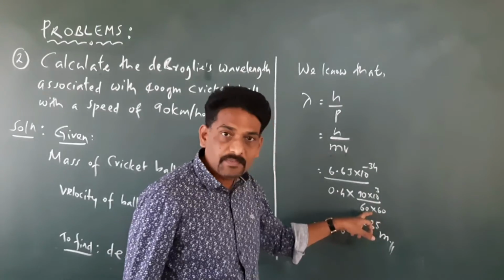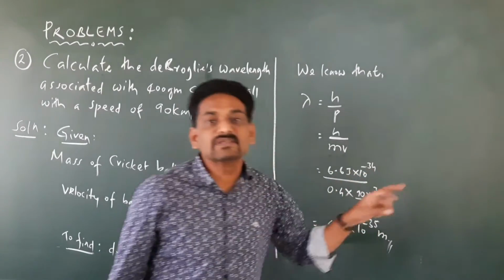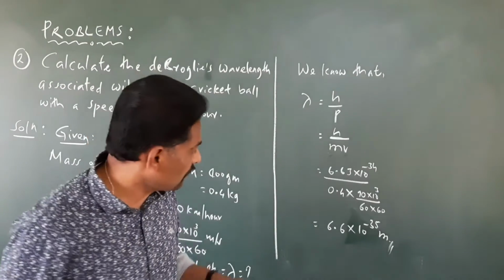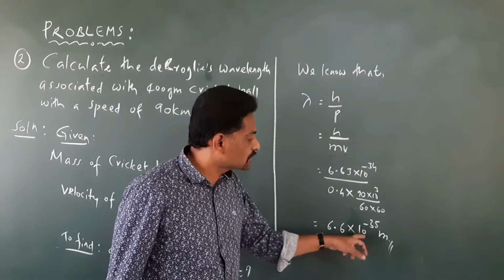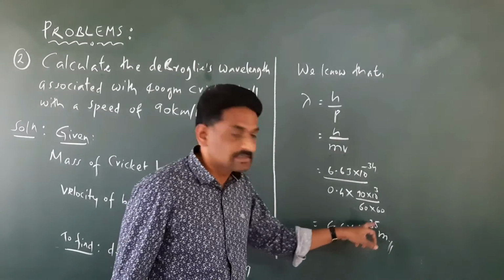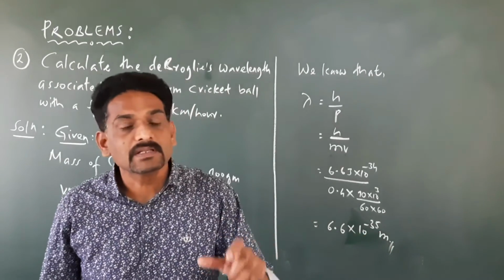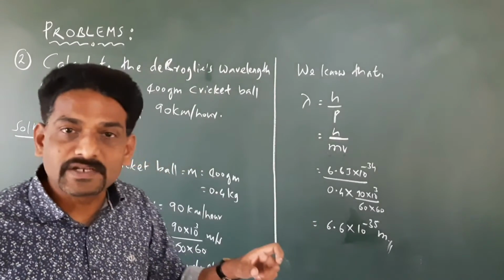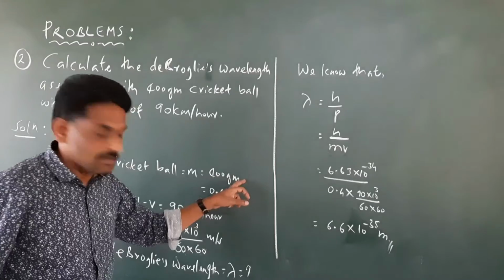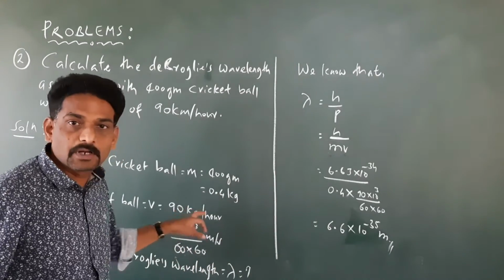Substitute the value of v. To simplify all these things, we are going to get the de Broglie's wavelength of the order of 6.6 into 10 to minus 35 meter. That is going to be the de Broglie wavelength associated with the cricket ball of mass 400 gram with a speed of 90 km per hour.